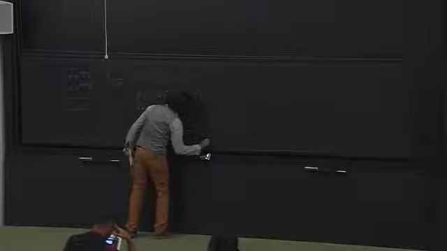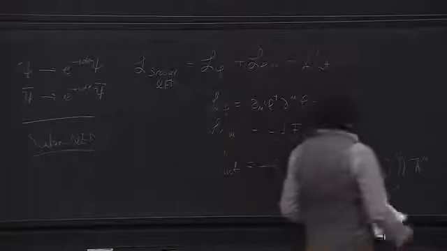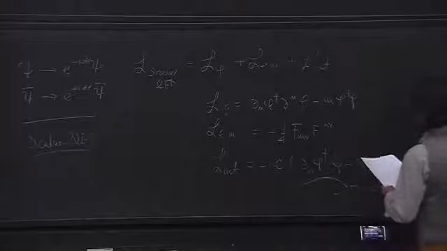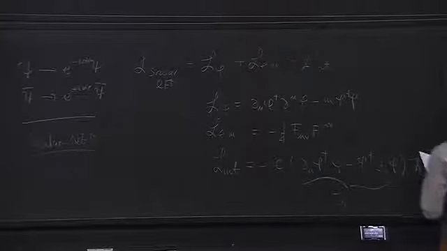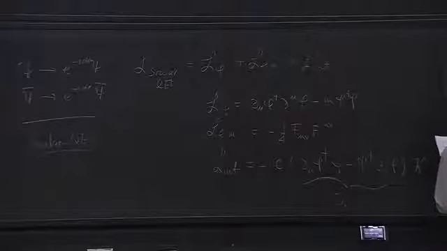So this is our Klein-Gordon current, which is conserved. And this total Lagrangian is invariant under phi, let's put an E here.